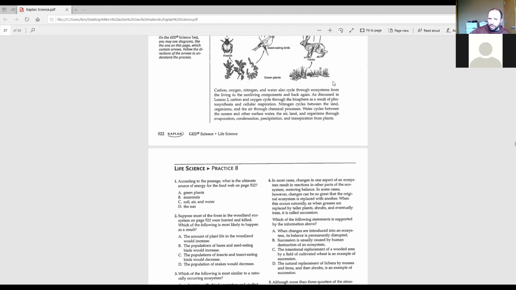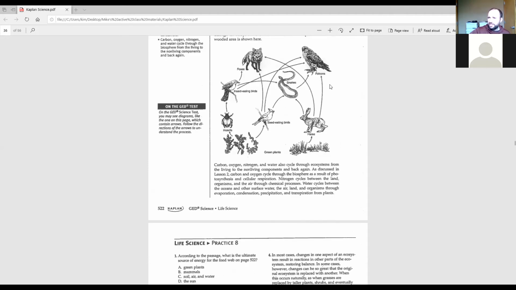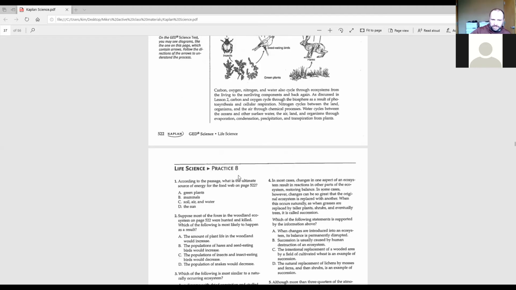But where do green plants get their energy from? Without sunlight, green plants don't grow and don't produce energy. So even though it's not mentioned on this map, the right answer is D, the sun. Without the sun, the energy cycle wouldn't begin.